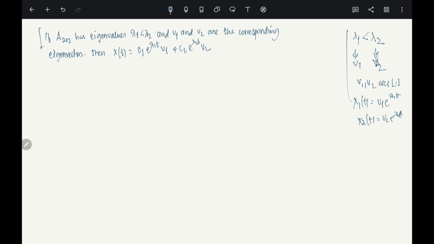That we know, the method of eigenvalues we studied. Now what is the norm of x of t?